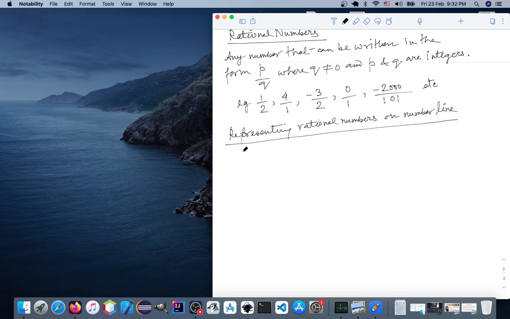Let's take an example. Let's say, how do we represent 2 by 5? So, we first draw the number line.